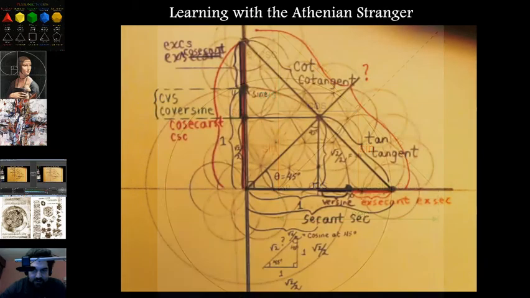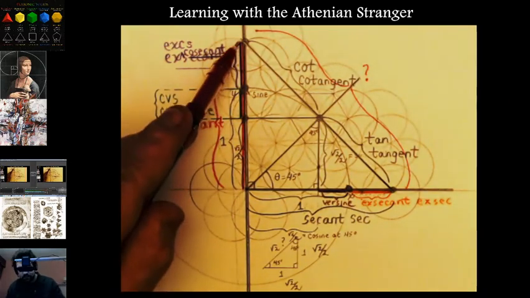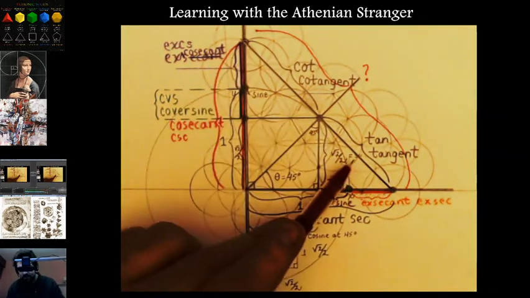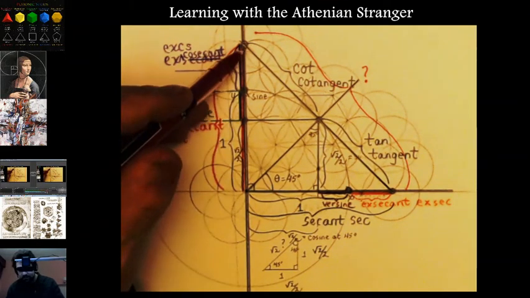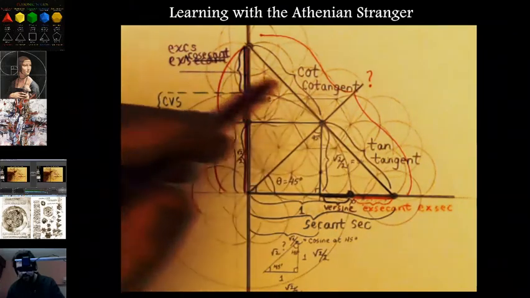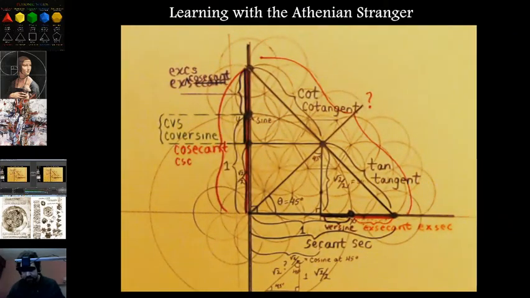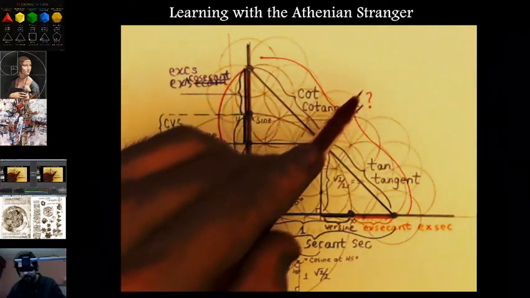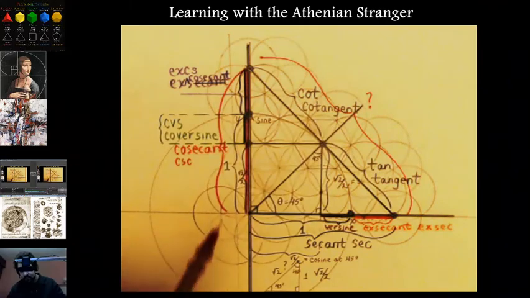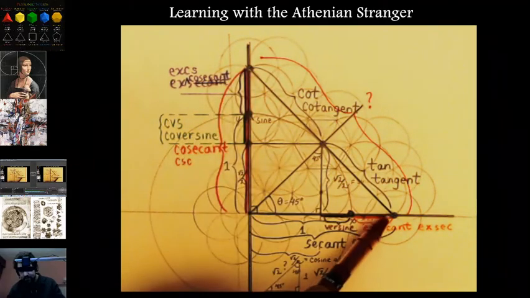If we go back, we see that the key was to find the tangent line. Once we found that, everything fell into place. But we needed sacred geometry not only to create these perfect right angles and a 45-degree angle, but we needed sacred geometry to find that point there and that point there.